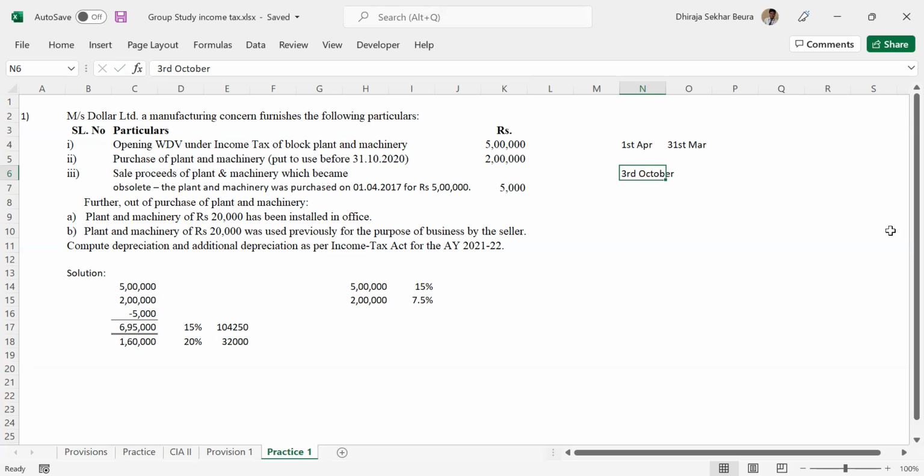Beyond that, if you have purchased something, it will be half. Before that, if you have purchased something, that will be full. I'll repeat that. If you do a back calculation from 31st March and you consider 180 days, 3rd October is the date beyond which, if you purchase an asset, then it will be half depreciation. Before that date, if you purchase something, it will be full depreciation. Any questions on this?